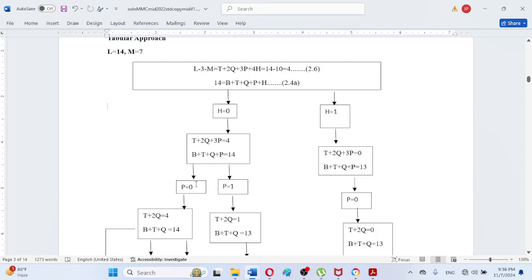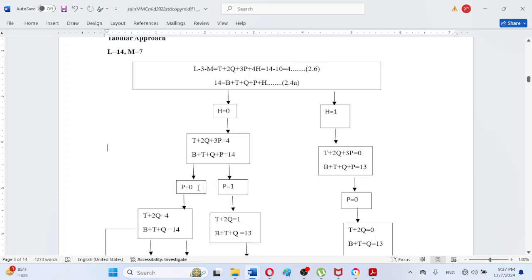In a similar manner, we again start the same procedure, starting from the highest order link, which is the pentagonal link, and its lowest count. In this equation, p can adopt only the value 0 or 1 and cannot be greater than 1, because if p is equal to 2, that will give 3 multiplied by 2, 6. On the right hand side there is 4, so 4 minus 6 will become negative, which is impossible.